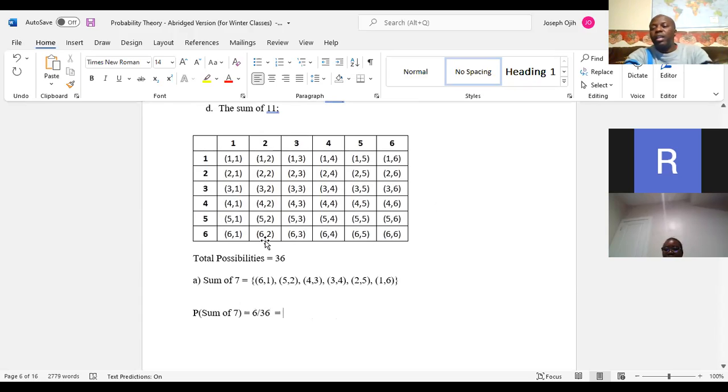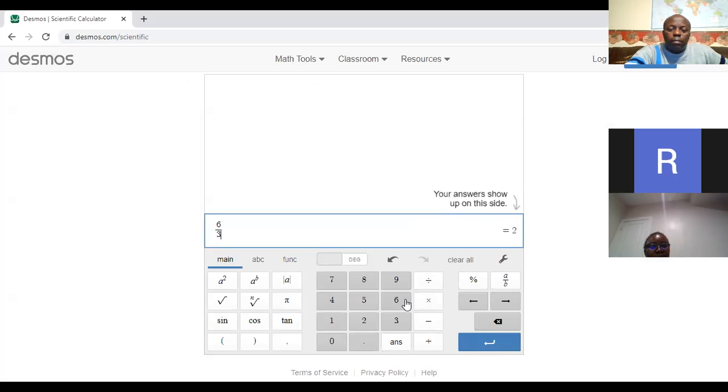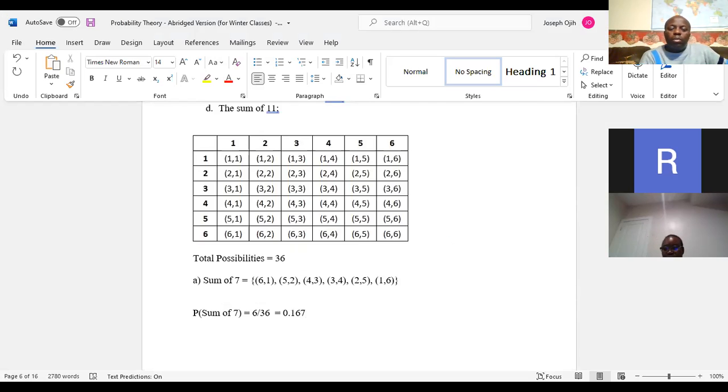That is 6 divided by 36, which is 1/6. In decimal, 0.16666, so 0.167. So the probability of getting a sum of 7 is 1/6 as a reduced fraction, or 0.167.